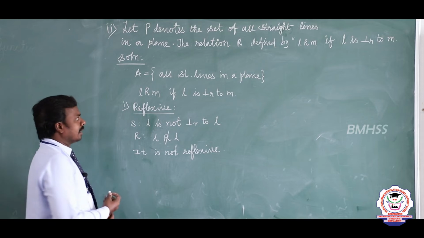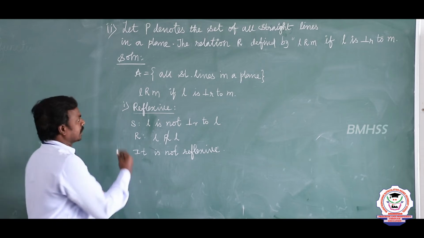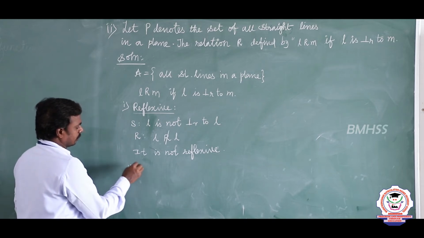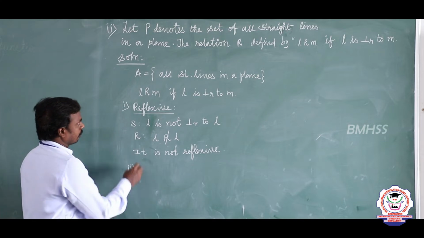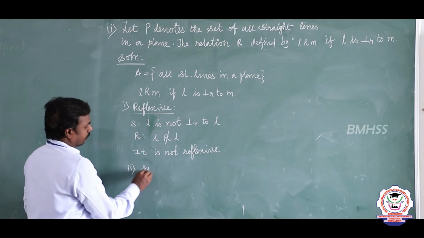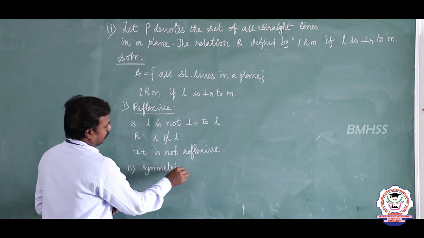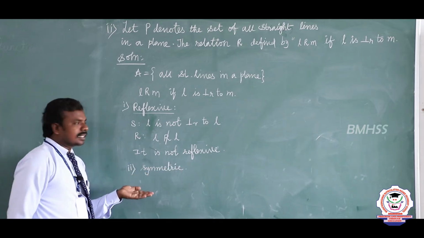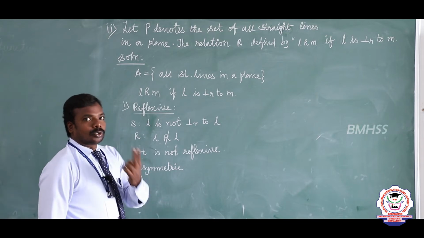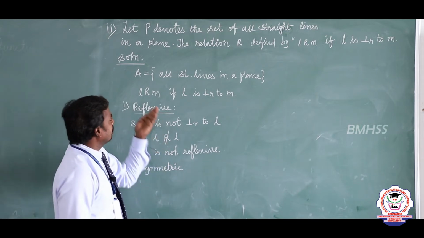Second relation, that is symmetric. In the symmetric relation, we need two lines. What are the lines?